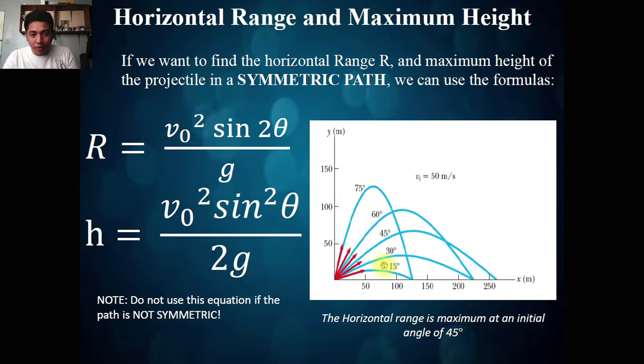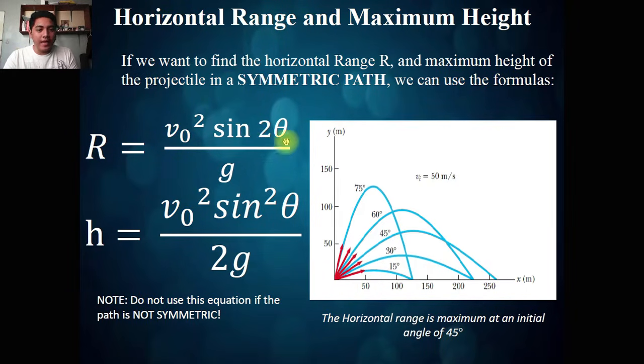So if 45 is our theta, no matter what our initial velocity is, and the acceleration due to gravity is constant, sine 2 theta, that is sine 2 times 45, is sine 90. And sine 90 is always equal to 1. So we would have a maximum range if the angle of launch is 45 degrees with respect to the positive x-axis because of this term.